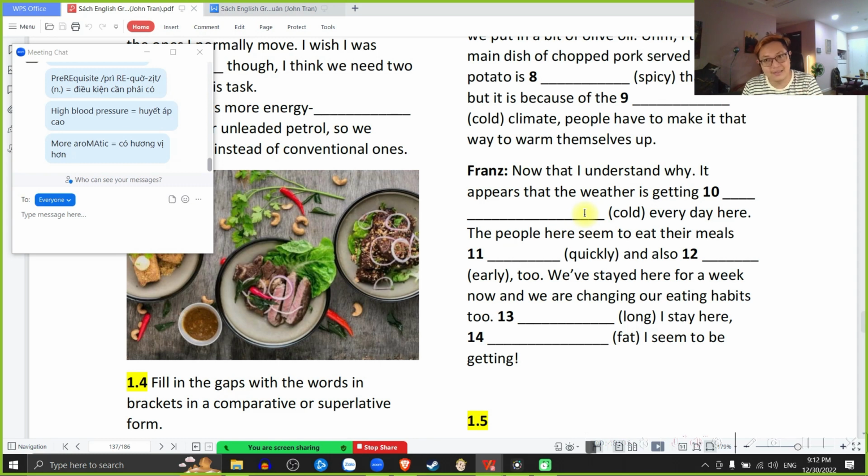The people here seem to eat their meals quickly and also earlier. We have stayed here for a week now, and we are changing our eating habits too.